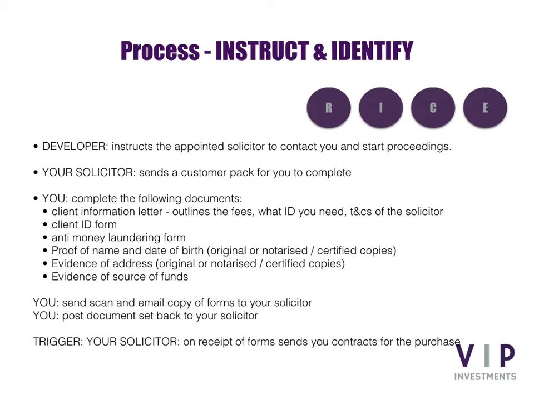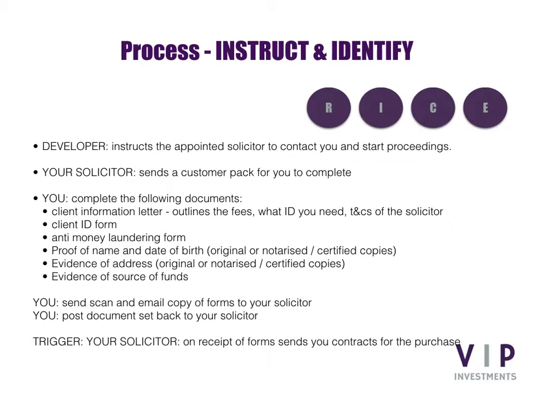And you need to have evidence of your address, something like a bank statement or utilities bill with your current address, no older than 3 months. If you're not sending the originals, you must get them notarized by the professional bodies. Who can do the notarization is set out in your client information letter.